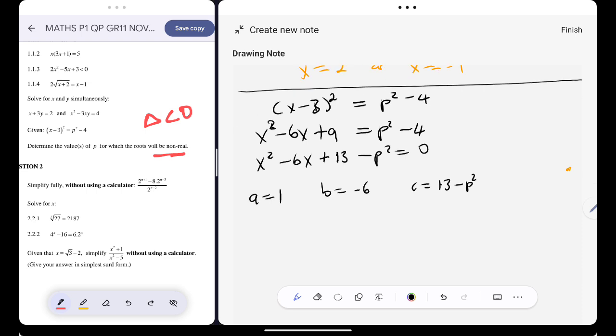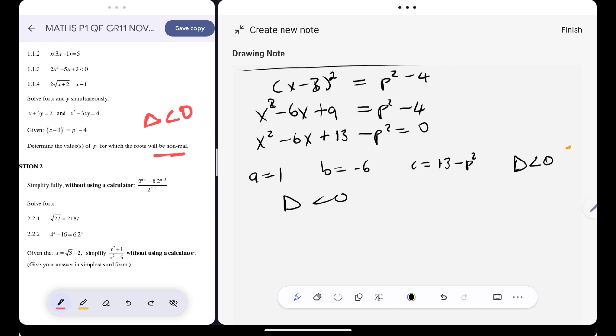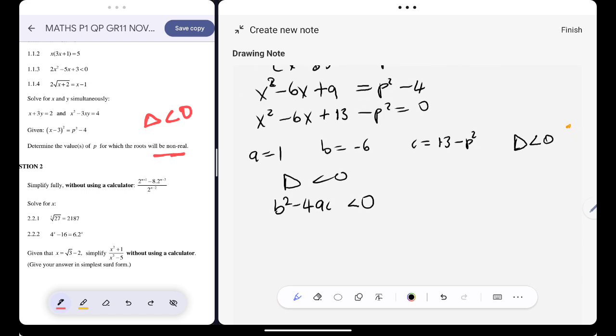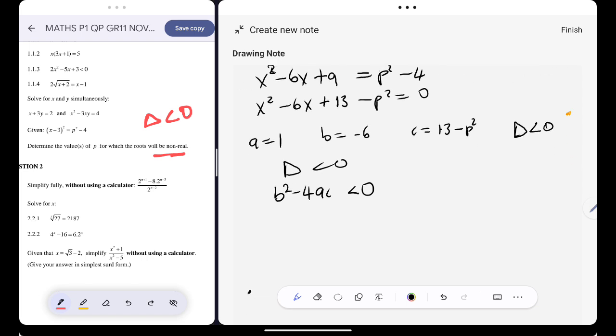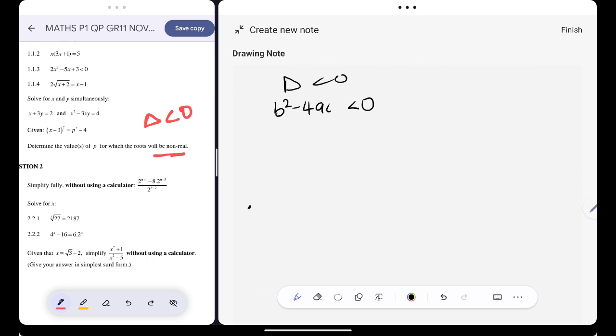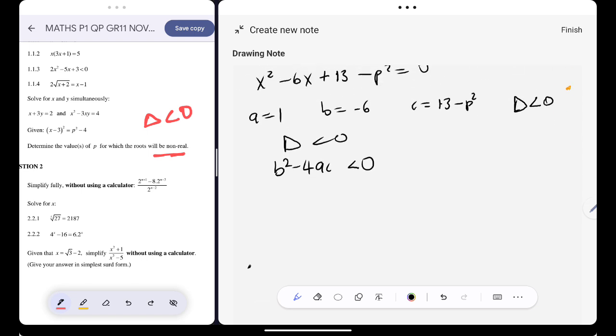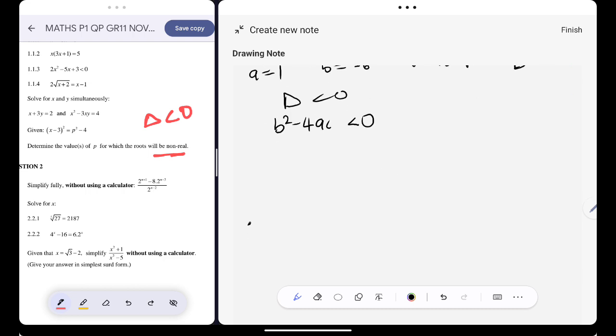And since I was told that my roots will be non-real, that means delta should be less than 0. Are you together? So I know that delta is less than 0, but delta is given by b squared minus 4ac. Please check lesson 5, guys. I teach nature of roots there.